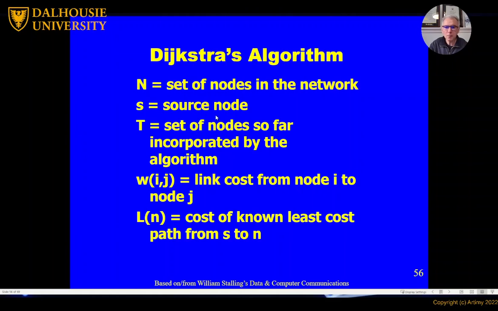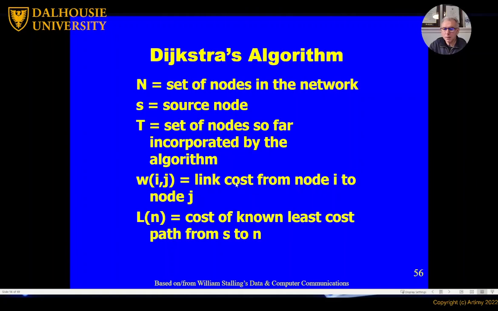So N represents the set of nodes in the network. So we have a set of 6 routers in the network, right? S refers to the source node. T is the intermediate set of nodes that we'll use to build our Dijkstra algorithm, to build the shortest path.